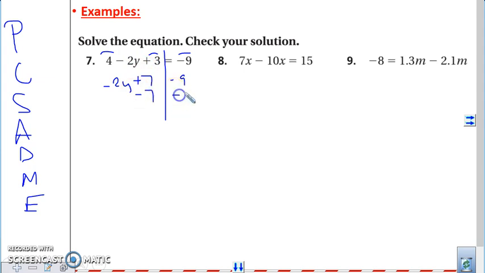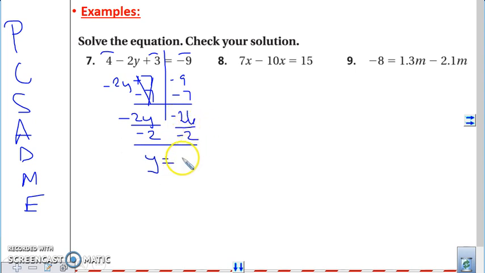Take away 7. Negative 2y equals negative 9 minus 7, which is negative 26. Divide by negative 2, undoing the multiplication. Y equals a positive 13.